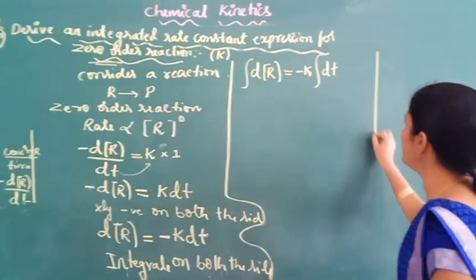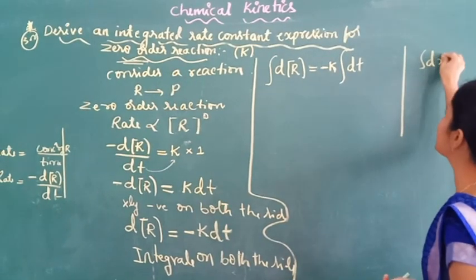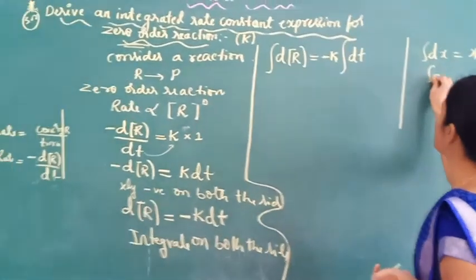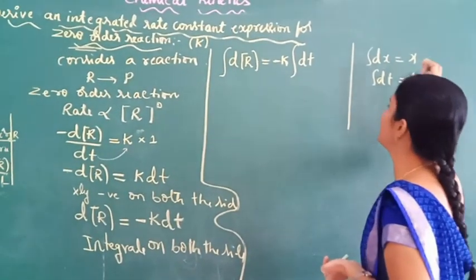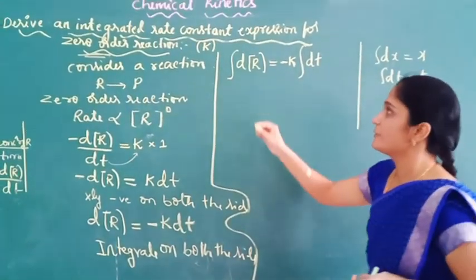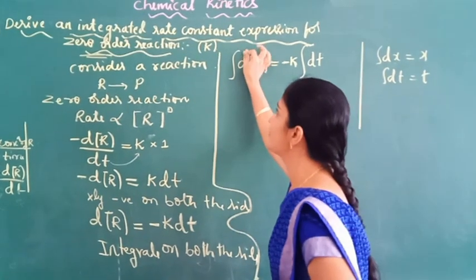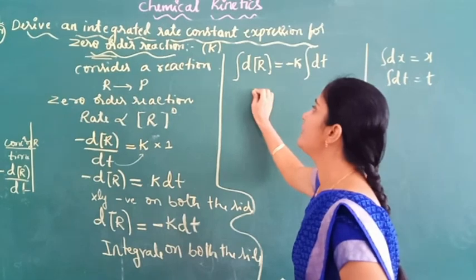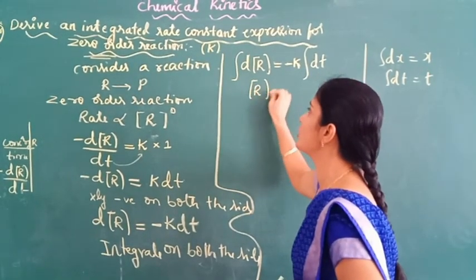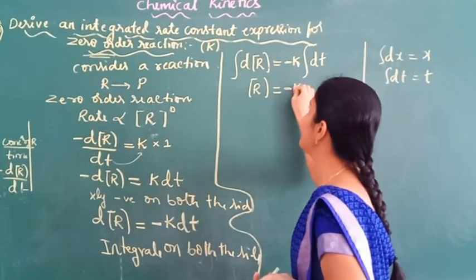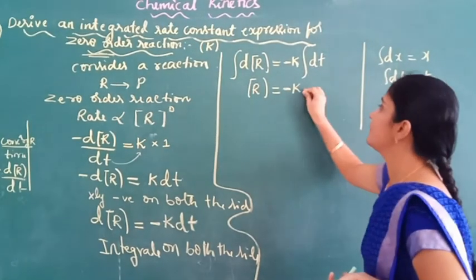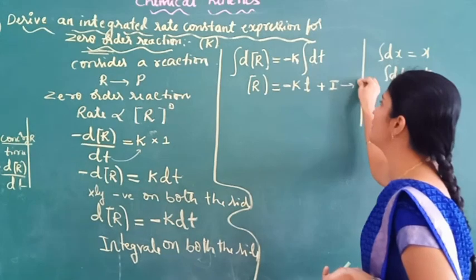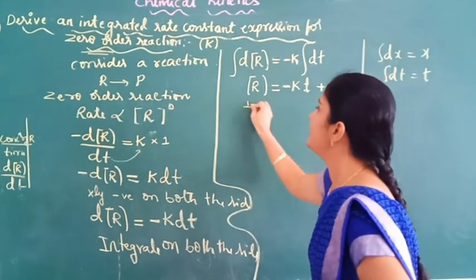In integration, integration of dx equals x, so integration of dt equals t. Here d is the difference. So integration of dR equals R concentration, equals minus k times integration of dt, which is t: R equals minus kt plus I. Call this equation number 1, where I is called integration constant.